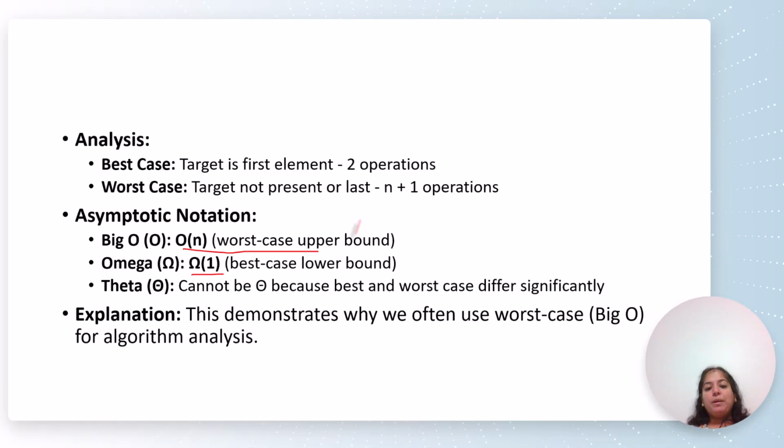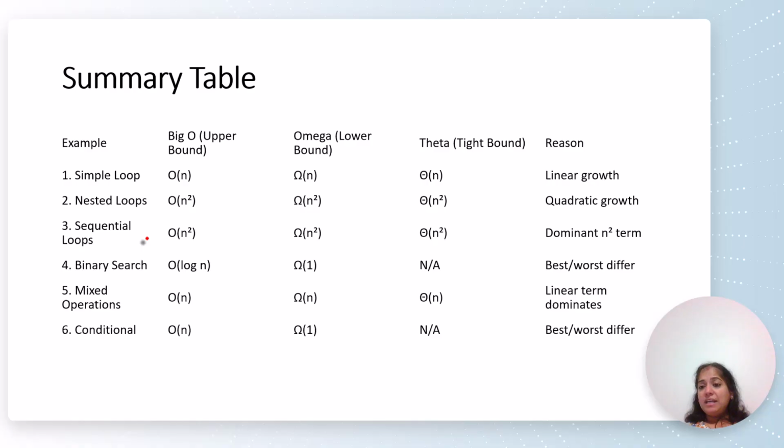So if we create a summary, make sure that these three complexities will not be the same for every example. These may be the same, these may be different. For simple loops, big O, omega, theta all have n.